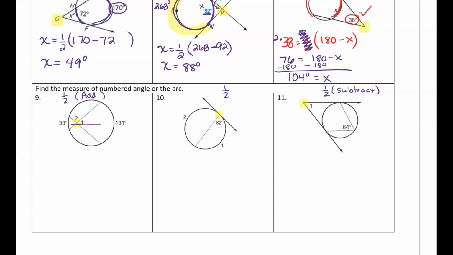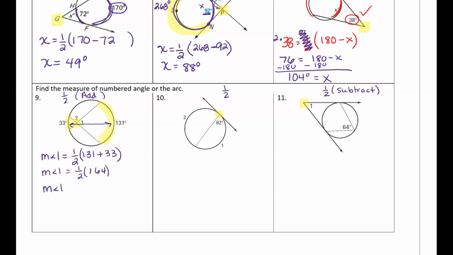Now, number 1, notice, look straight across. You have this arc, and it's inside. So the measure of angle 1 is going to equal 1/2 of 131 plus 33. So the measure of angle 1 is going to be 1/2 of 164.